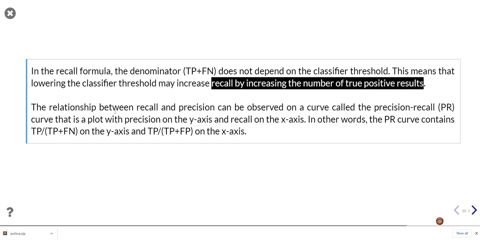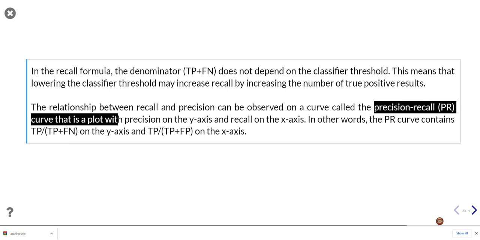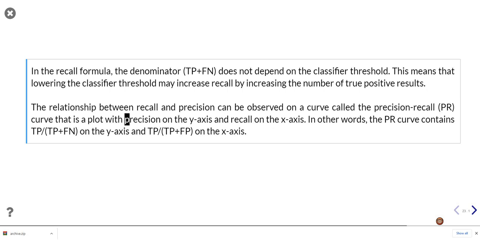And of course, if you want to view the relationship between the recall and precision, you can visualize that using the precision recall curve, where you're plotting the precision on the X and also recall on the Y. So in other words, the PR curve contains the precision versus the recall.